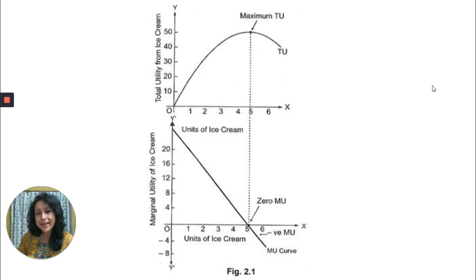Units of commodity consumed are shown on the OX axis, and utility is shown on the OY axis. As the units consumed go on increasing, total utility goes on increasing. When total utility is maximum, if you look at the curve below, you will find that at that point marginal utility is 0. And when marginal utility becomes negative, total utility starts descending.